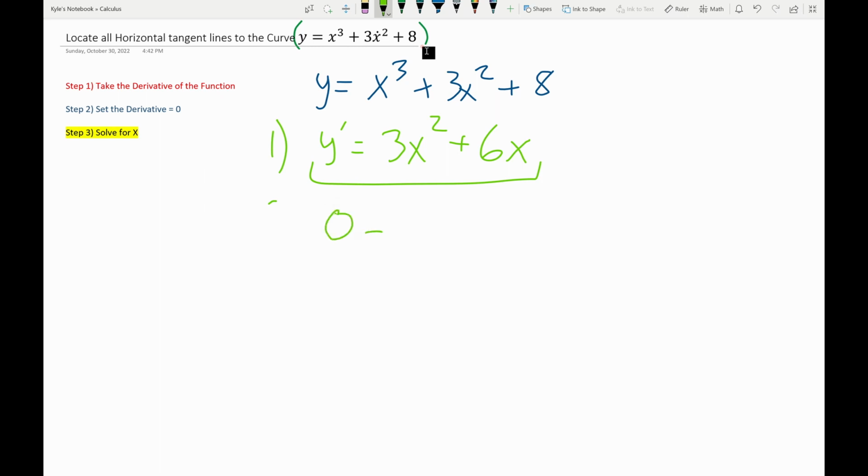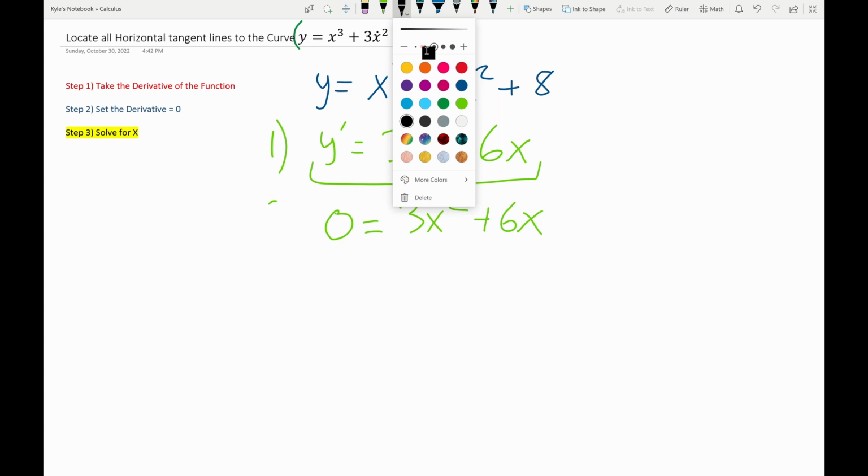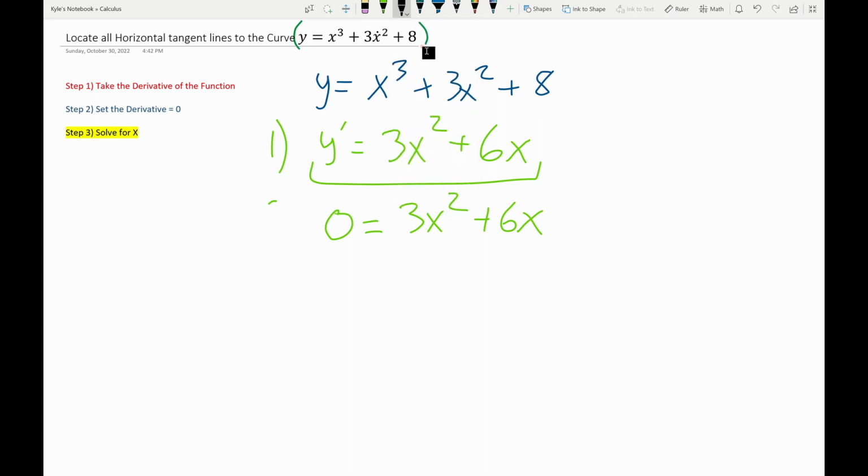So we're going to have 0 equals 3x squared plus 6x. That's a lot better. Now I'm going to call this step 2, because that makes more sense. We set the derivative equal to 0 right after we took the derivative of the function.